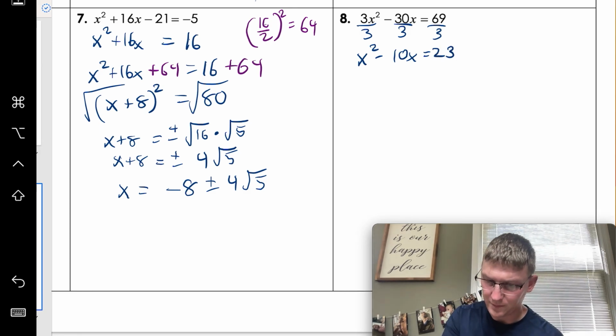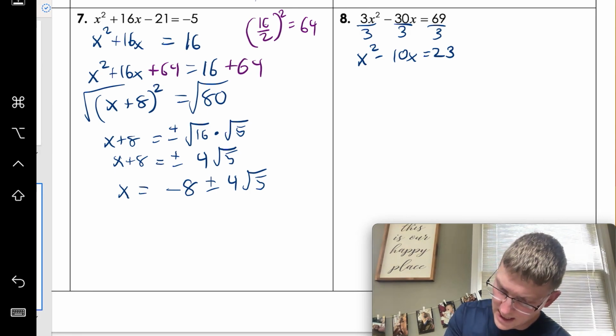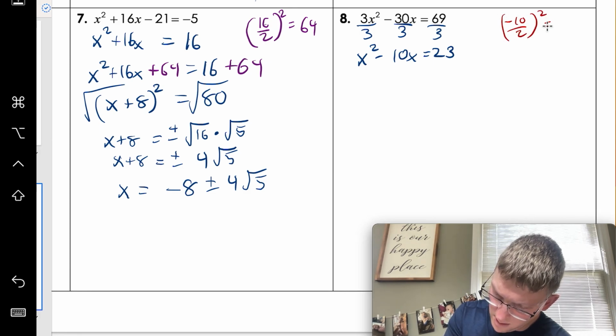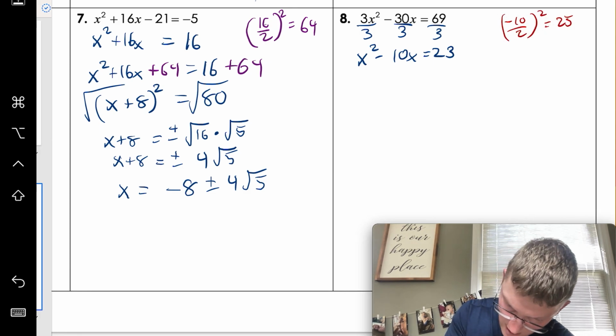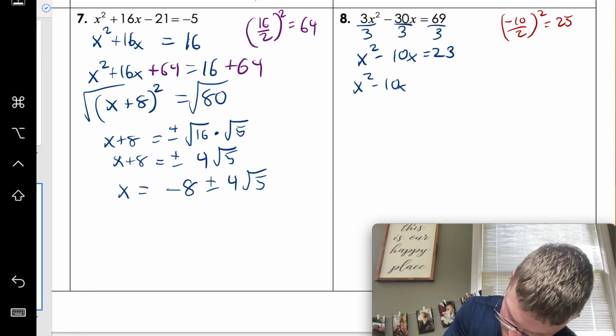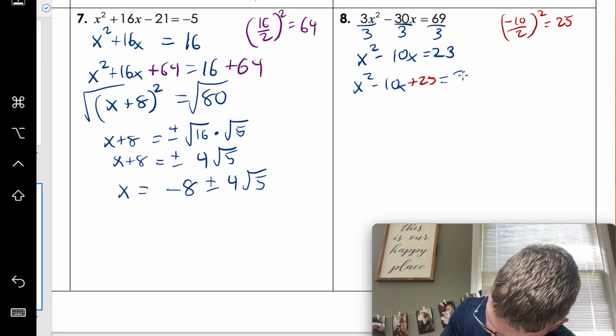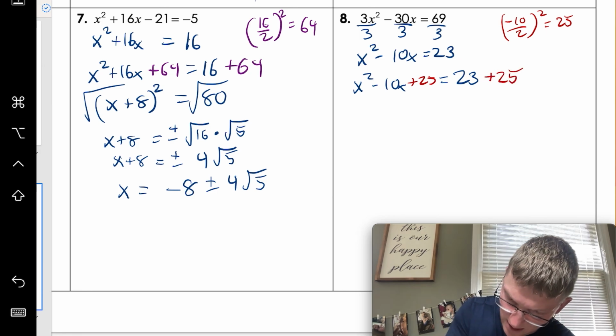Okay, so what's our new number going to be? We're going to take negative 10 divided by 2, which is 5, squared, which is going to be 25. So we've got x squared minus 10x plus 25 equals 23. And don't forget to add 25 on this side.